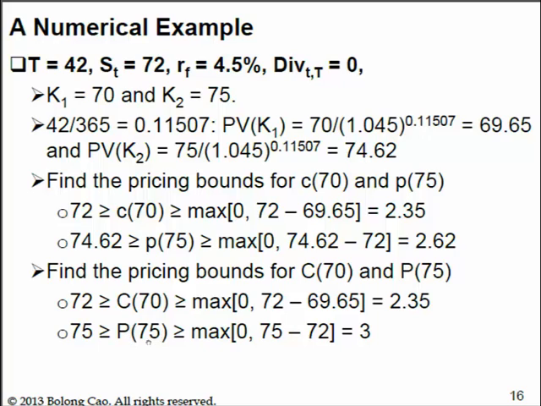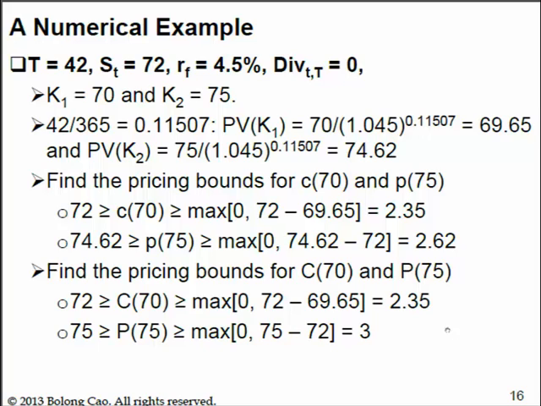But for the American put, everything goes to the nominal value. This strike price, $75, can be received instantaneously. So $75 will be the American put's upper bound, not the discounted value. And $75 minus $72, if you exercise it now, you will get $3. So that is the lower bound. But obviously, there's still time value embedded in it. What if the underlying keeps falling from 72?